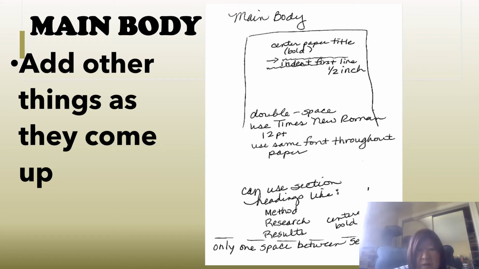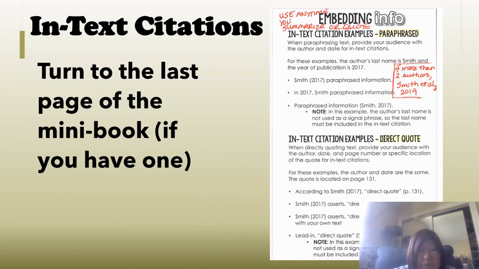Okay, so you go on and you type in your main body, and somewhere you're going to need an in-text citation. It says right here, anytime you summarize or quote, you're going to put a citation where you got it from, usually the last name and the date of the information. And then if we want to know more details, we'll go to the reference page. So that one might be something you might want to read over.